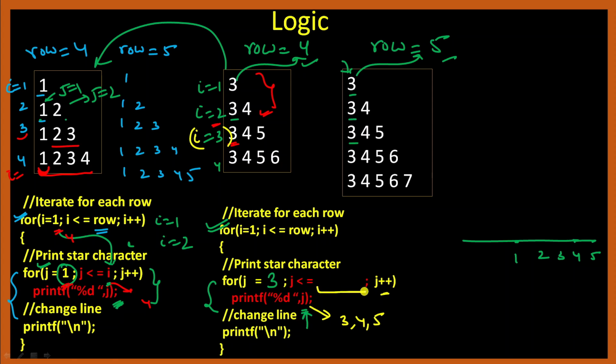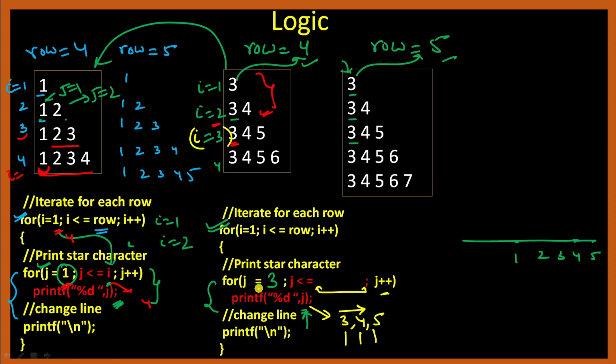But the thing is, what should be the limit that should be put here, right? Basically for I equal to 3, this loop should run 3 times. So something should be put here so that it should run 3 times. And we are going in the increasing direction, right?